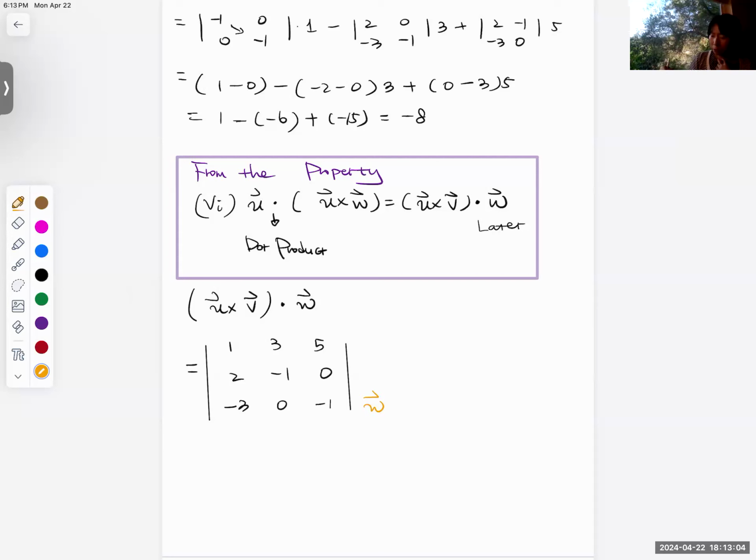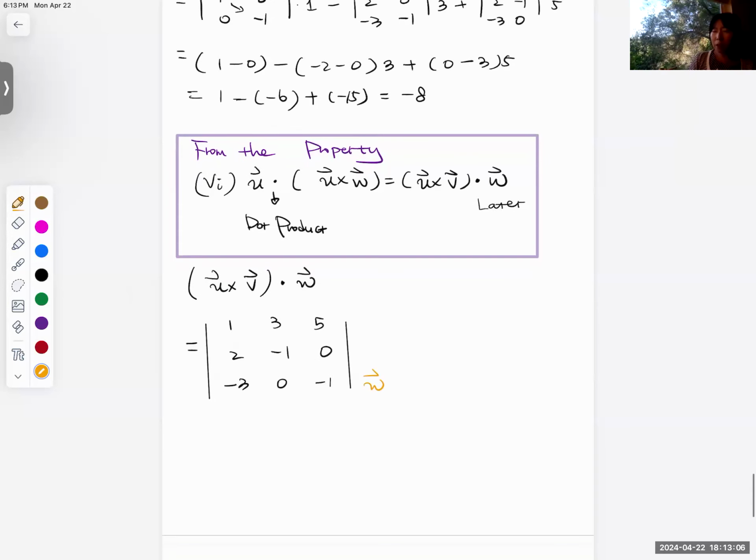Okay, now then we have to count the signs. So we have plus, minus, plus, and minus, plus, minus, plus, minus, plus, okay? All right, now let's do that. Positive and negative 3, right?